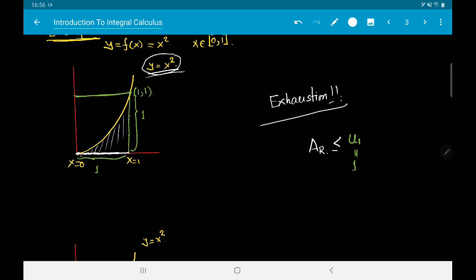So here we have constructed a rectangle with height 0, and consequently the area of this white rectangle is going to be equal to 0. Now let me call this number L1. So I think I have convinced you that the area of the region that we are interested in is bounded between 0 and 1.